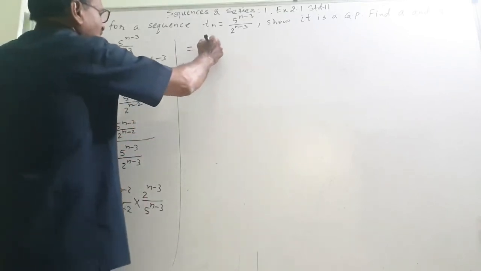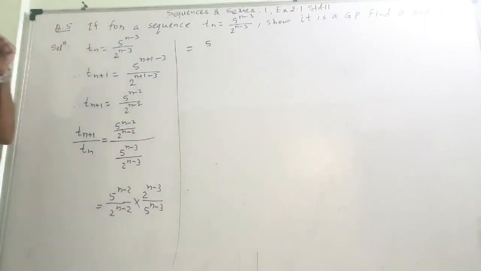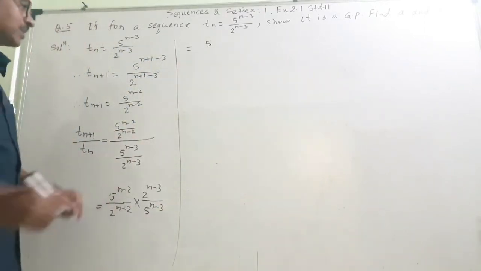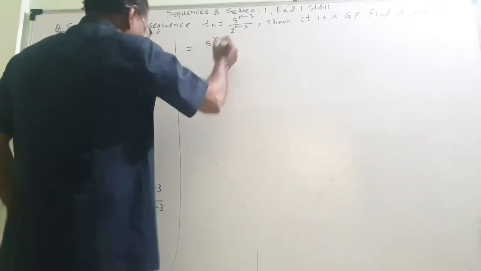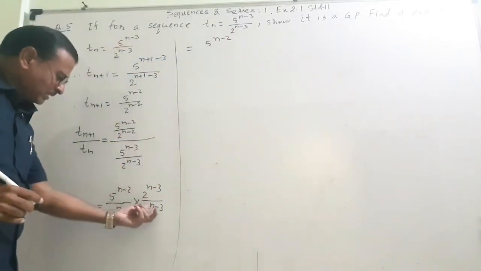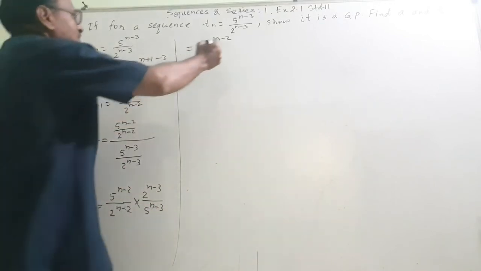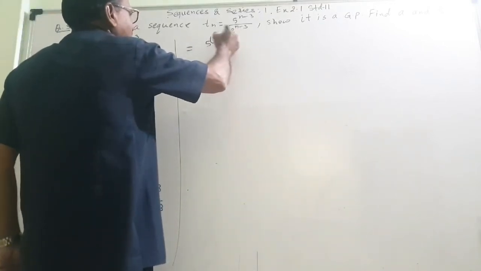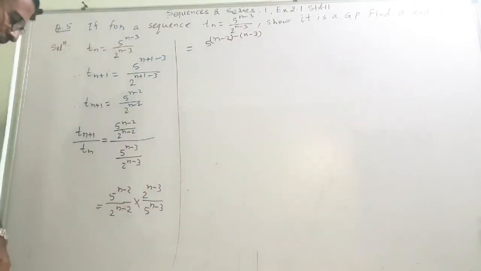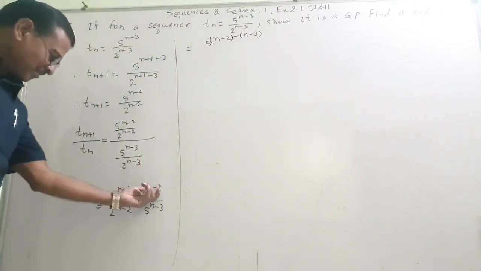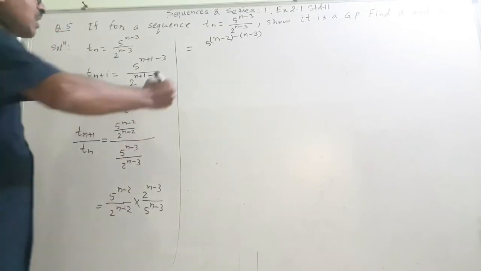So that is equal to n minus 2, sorry, n minus 2 minus this, because I am shifting this up, minus n minus 3. This part is over. Now this I will bring down.